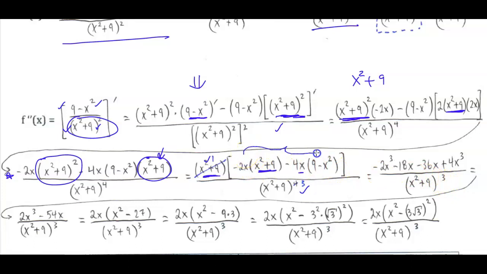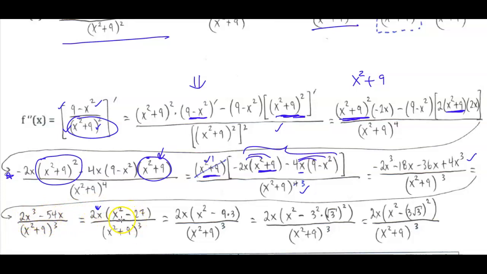And for the rest of this business here, we go ahead and distribute so that we can combine like terms. So we see what the numerator looks like in this step. And once we simplify it, it'll just be 2x cubed minus 54x. We have a common factor of 2x here.